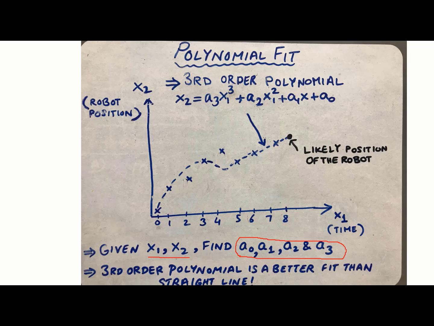And you can see here that the third order polynomial is a much better fit than the straight line, and the estimate will be somewhere over here. So we can expect our robot to be somewhere over here if we assume that the robot motion model follows a third order polynomial trajectory.